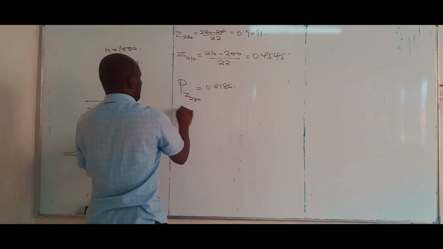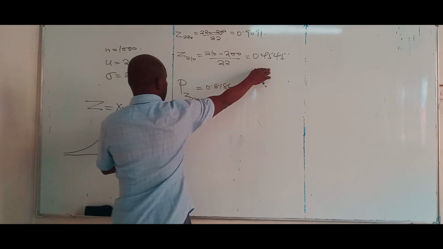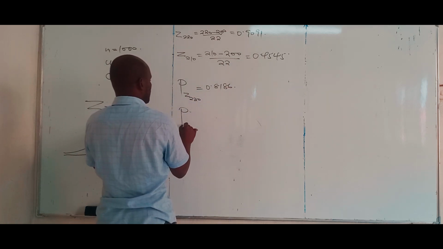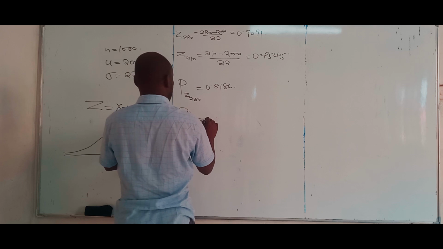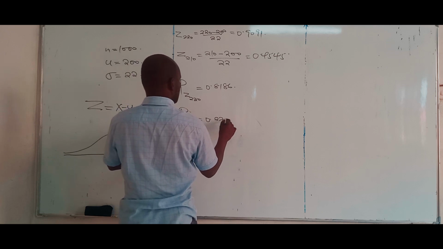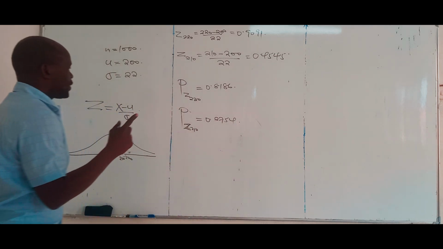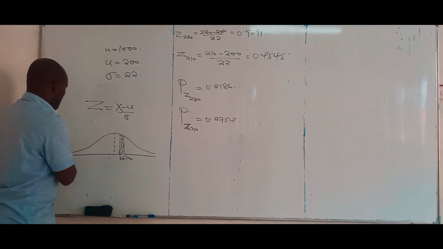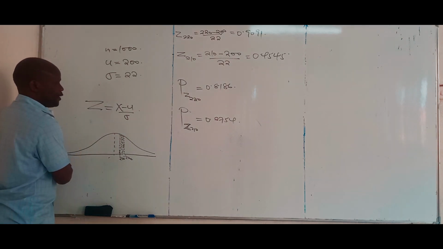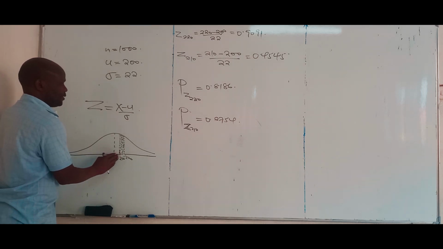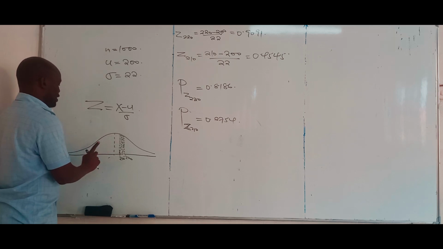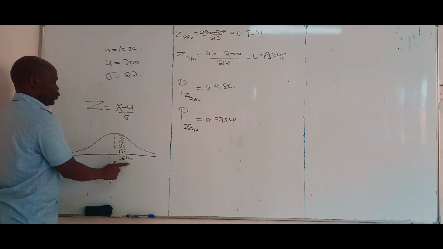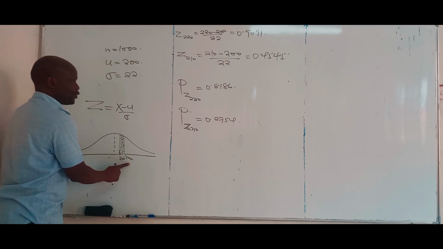The probability that corresponds to Z of 210 will be 0.6754. In other words, the area from this tail to 210 is 0.6754, and the area from this tail to 220 is 0.8186.